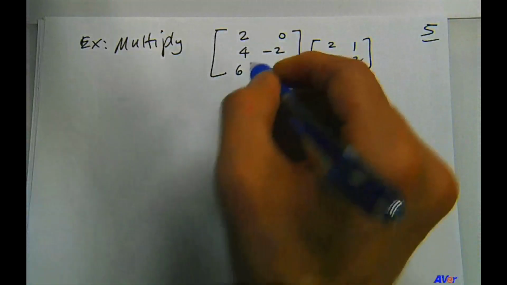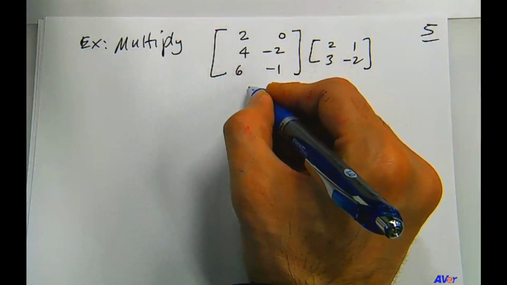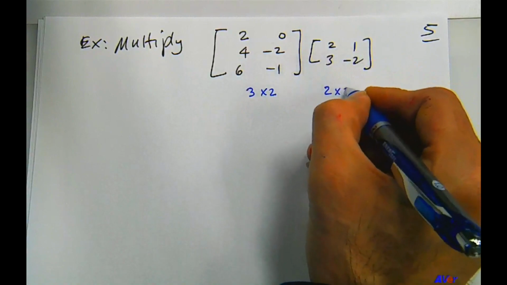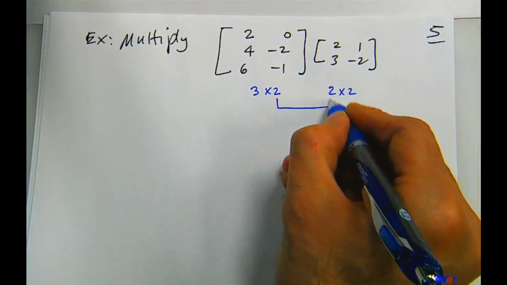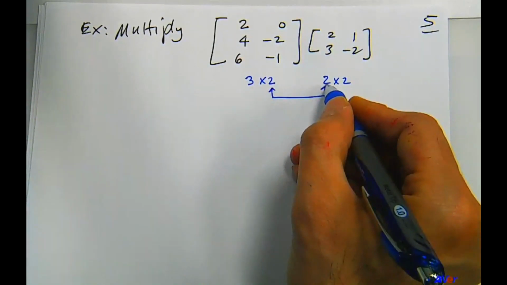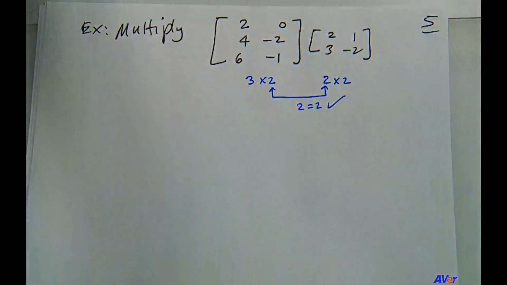Once again, let's run a check if this can be performed. Here, the dimension of this one is 3 by 2. The dimension of this matrix is 2 by 2. The number of columns in the first one is equal to the number of rows in the second. So yes, we can perform the multiplication.